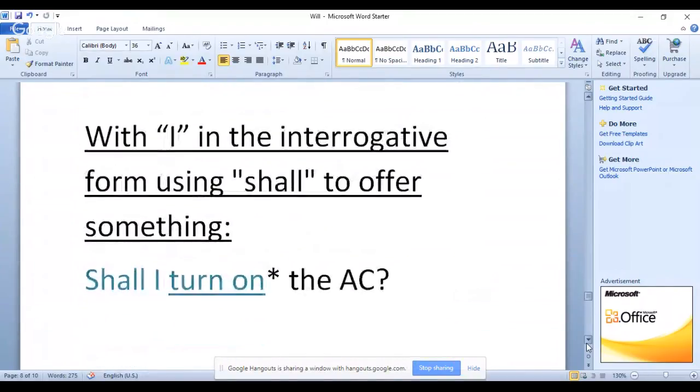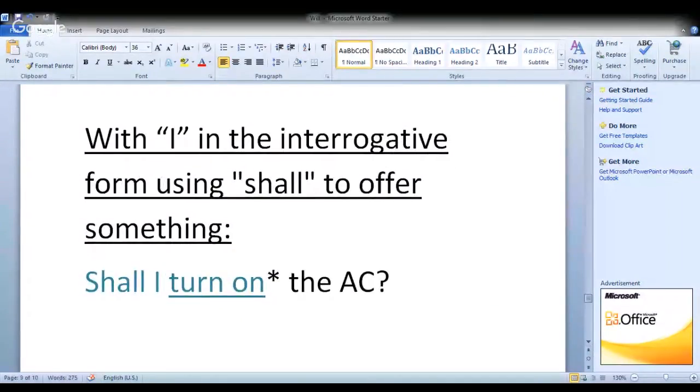Well, good. Let's continue to work on other parts of this. So go ahead and read this for us. Okay. With I in the interrogative form, using shall to offer something. Shall I turn on the AC? What does AC stand for?